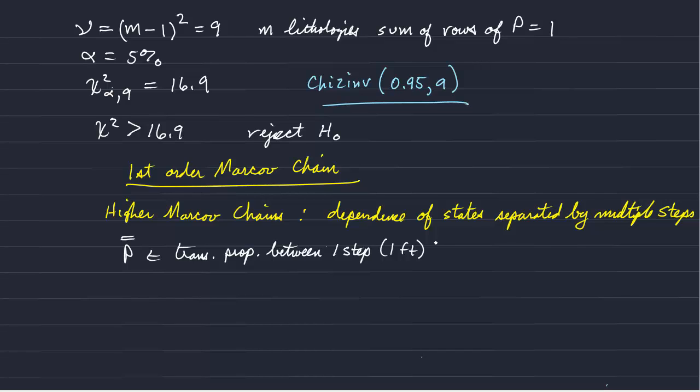So the transition probability between single steps or single feet. And this is our first order Markov chain. If we take P and do a matrix multiplication by itself, that gives us P squared, and that's the transition probability for 2 steps.